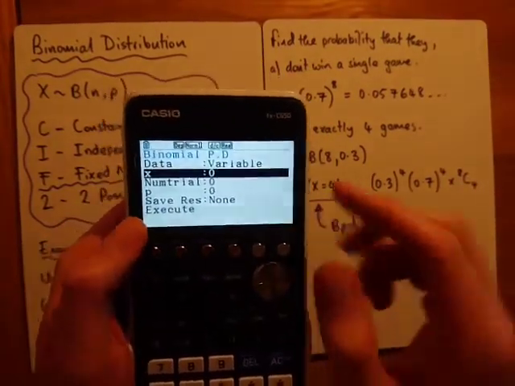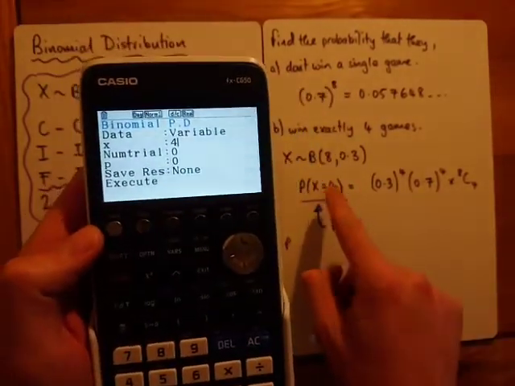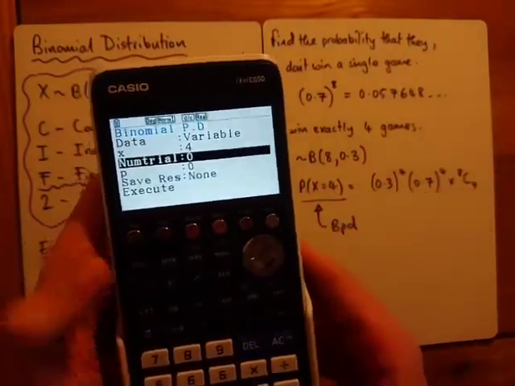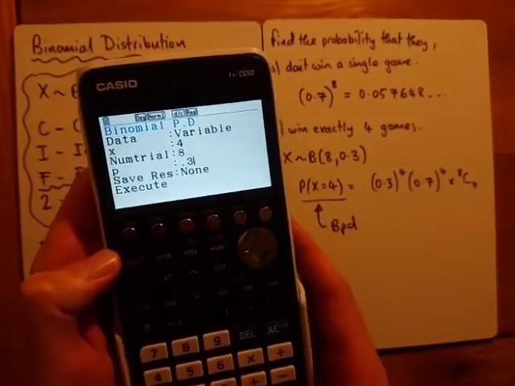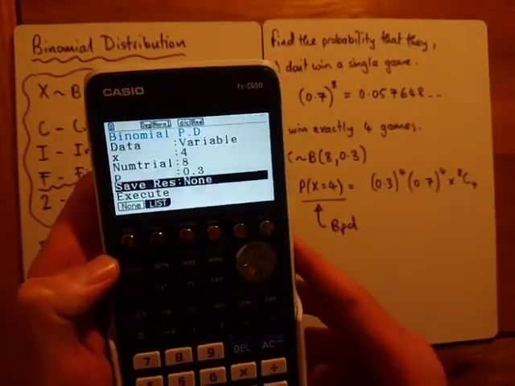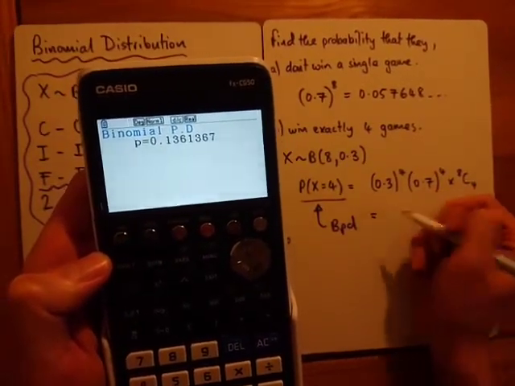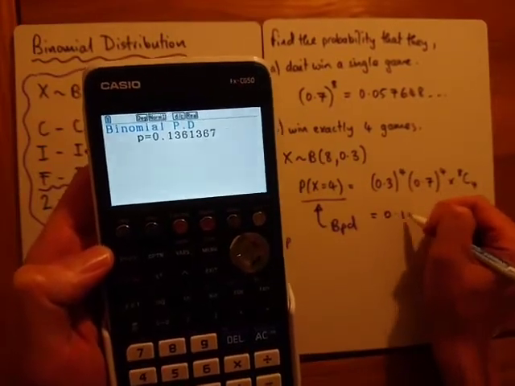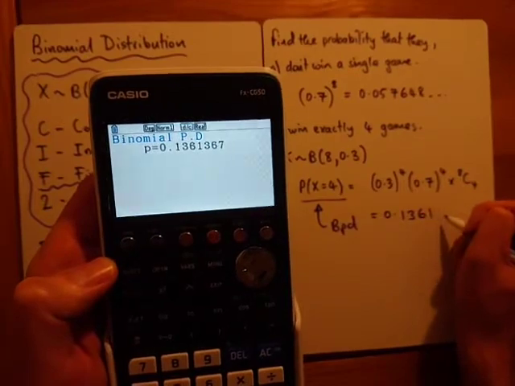X in this question. So X is equal to 4. We want the probability of X equaling 4. The number of trials is 8. And the probability of success is 0.3. And if we press execute on that, it just magically spits the answer out. So the probability of them winning 4 out of the 8 games would be 0.1361.